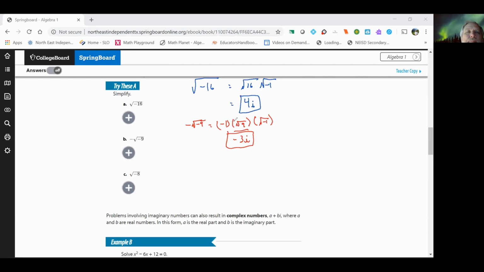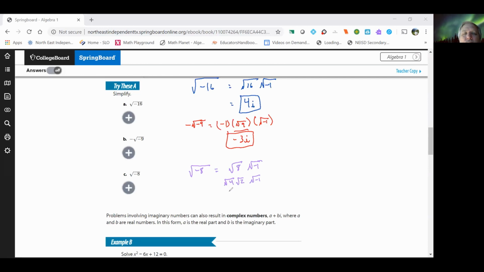The last one is the square root of negative 8. It could be rewritten as the square root of 8 times the square root of negative 1. The square root of 8 can be simplified further. That is the square root of 4 times the square root of 2. And don't forget the square root of negative 1.